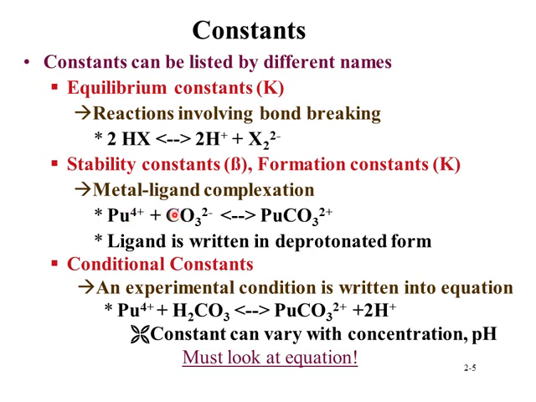This same reaction can be written as a conditional constant below here, where we have plutonium-4 plus the protonated carbonic acid going to the plutonium carbonate plus protons. Now, if we have protons in here, we can imagine within this equation that this constant is going to vary with pH. Overall, if you use constants from the literature, you should evaluate what equations those constants relate to.